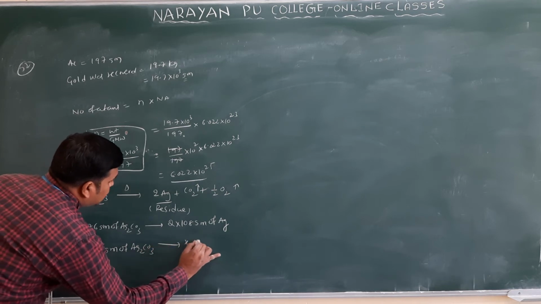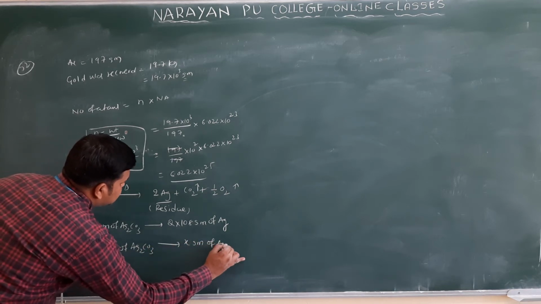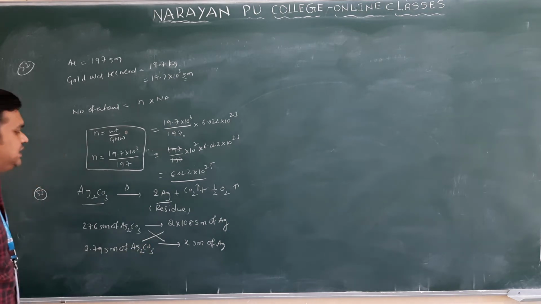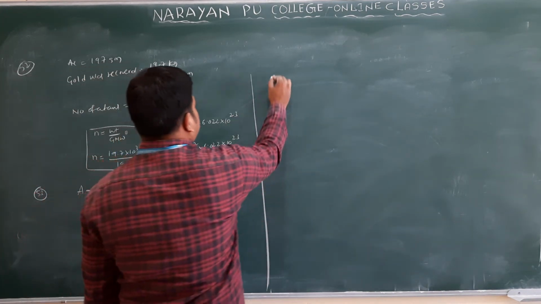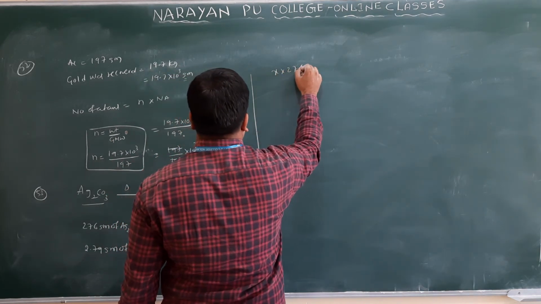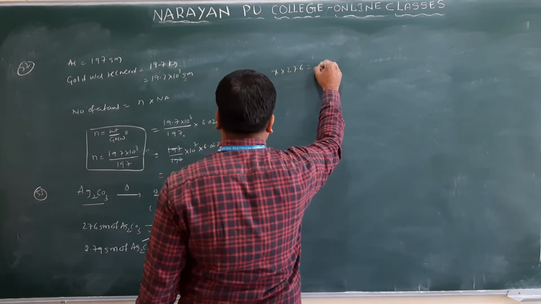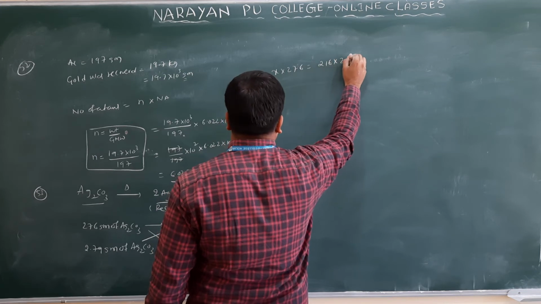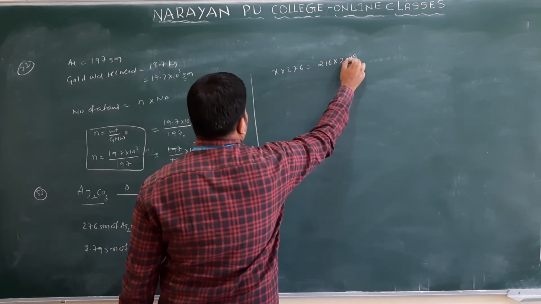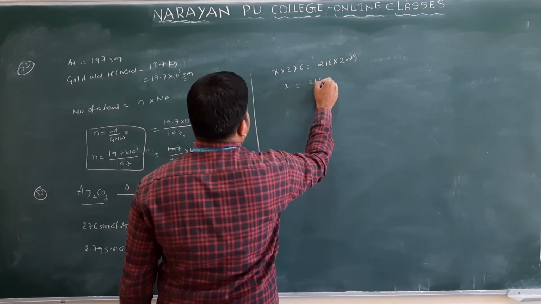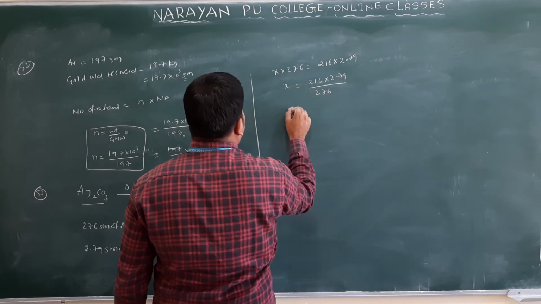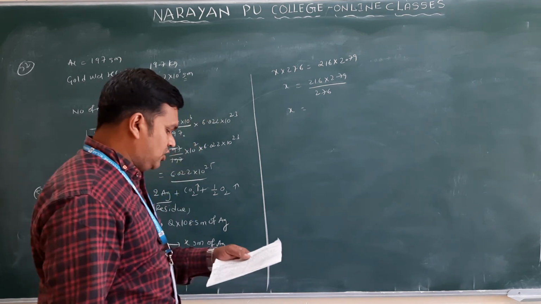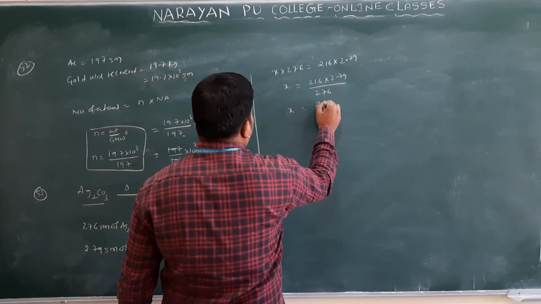How many grams of silver is formed? I will write this as x grams only. Do the cross multiplication. Then X into 276 is equal to 216 into 2.79 only. So x is equal to 216 into 2.79 by 276 only. Approximately you will get 2.16.